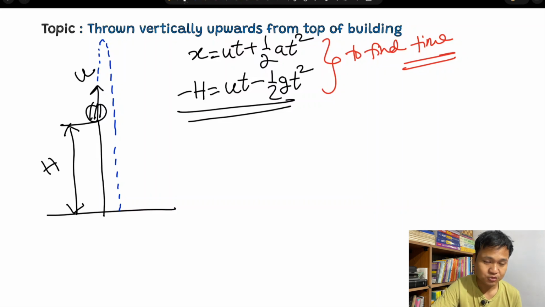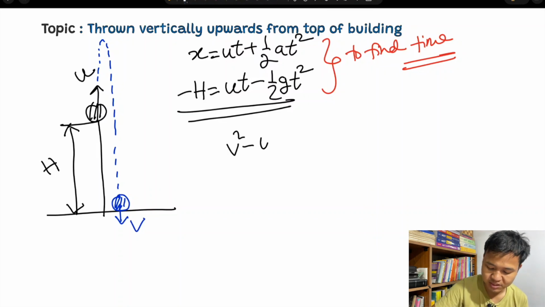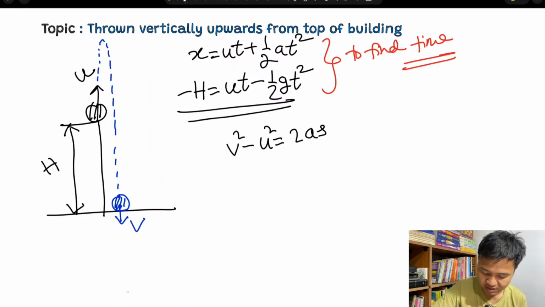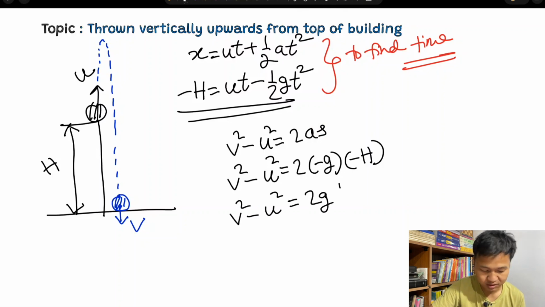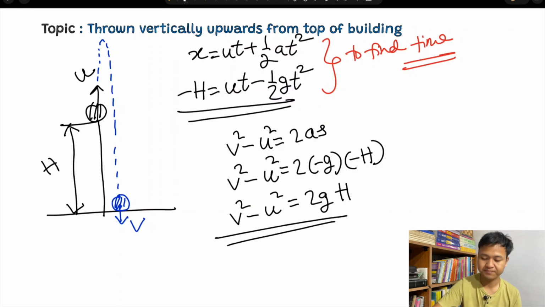Now for the speed, what is the formula? v square minus u square equals twice a s. Here v is downward, so it should be negative, but since you have a square, it doesn't matter. v square minus u square equals 2 into minus g into s, where s is the displacement, so you write minus h. So v square minus u square equals twice g h. This is the formula.